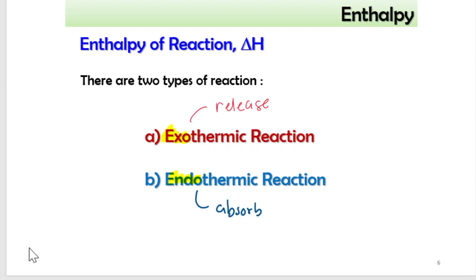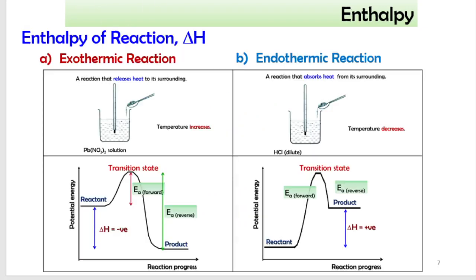So release apa, absorb apa, kita akan tengok. Okay, so this is your summary. Exothermic versus endothermic reaction. So exothermic is a reaction that release heat to the surrounding.